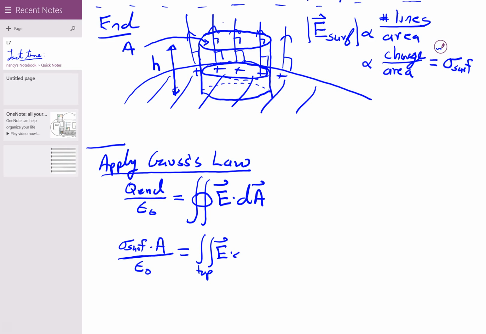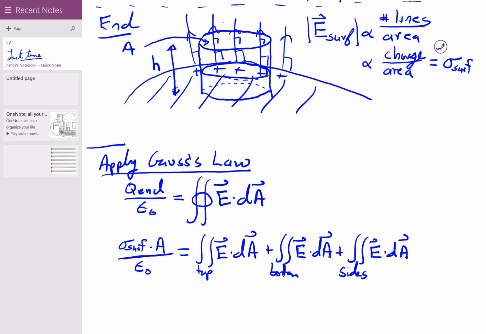Now the top by itself is not a closed surface, so I don't put the closed surface symbol on it. I've got the bottom of my can, integral E dot dA. And then I've got the sides of my can, the curved outer side, and that's integral E dot dA.